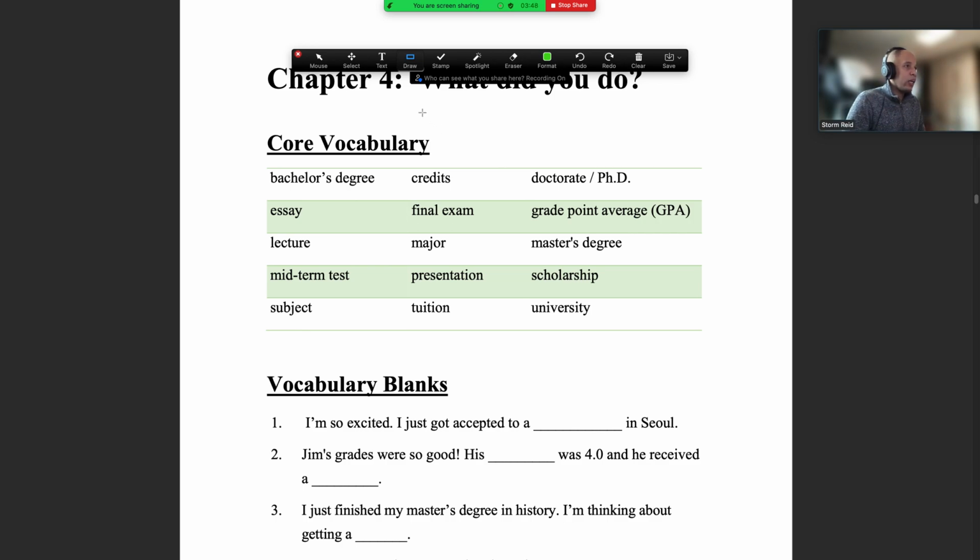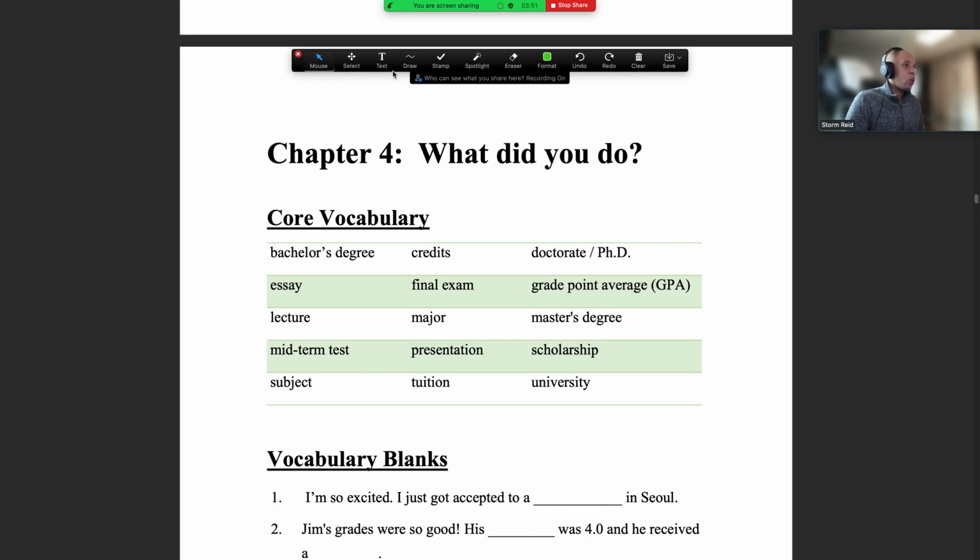So last week, or last class, we looked at the question of what do you do, okay? Now remember, what do you do was talking about habits, right? Habits and routines. Okay, so I go to the gym 3 times a week.